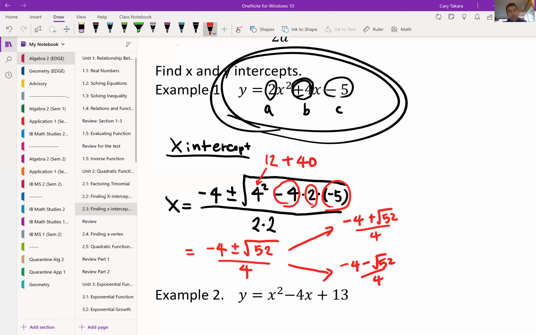Now, how do we do this? Let's figure it out with a calculator. Okay, so everybody take out your calculator. So -4 plus square root of 52. Now, when you do this, what do you guys get?